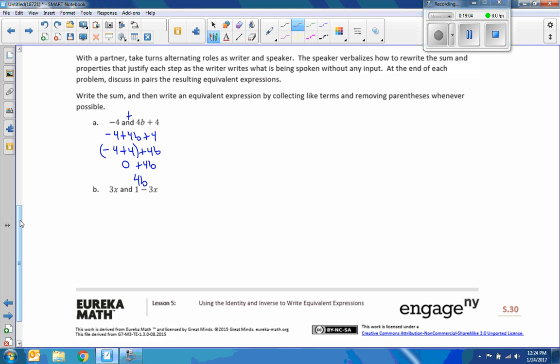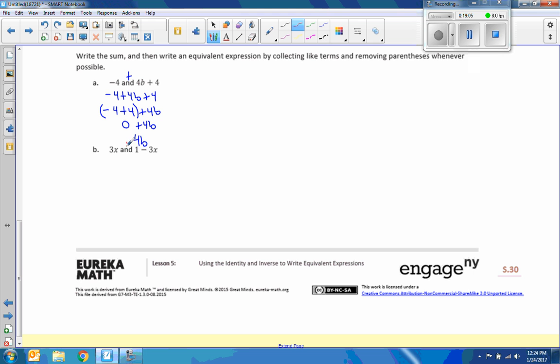Okay, B. Because we're talking about sum, the word and tells you where to put that sum symbol. So it's going to be 3x plus 1 minus 3x. First thing I'm going to do is get the like terms next to each other: 3x plus a negative 3x plus 1. That's the commutative property of addition.